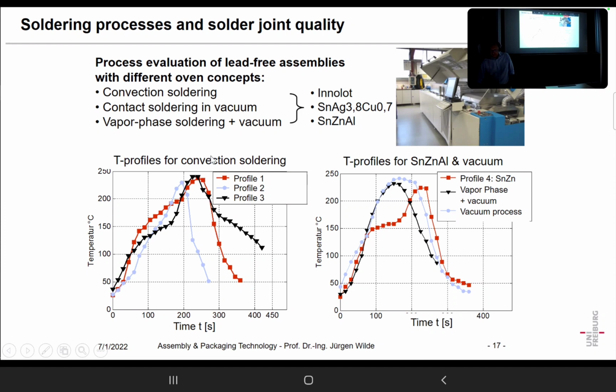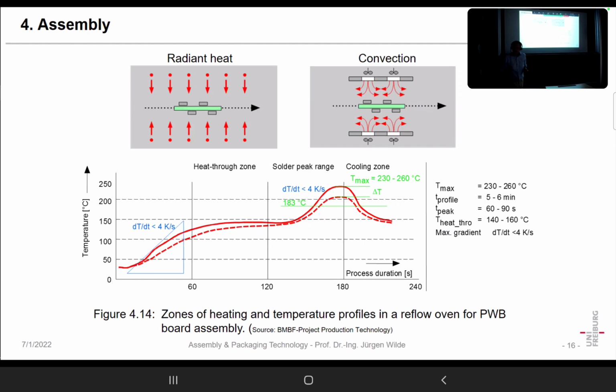That's typically reflow soldering with convection. Convection means hot air, or in most cases, hot nitrogen is blown onto the board. Another possibility to do so, as we see it here in principle, is nitrogen that is heated, flowing below some heating elements, and so it's convective heat transfer.